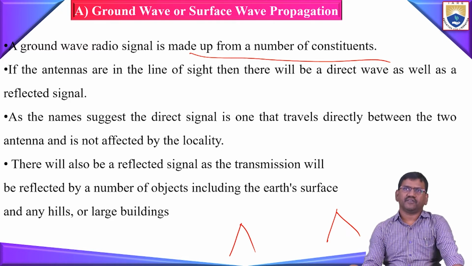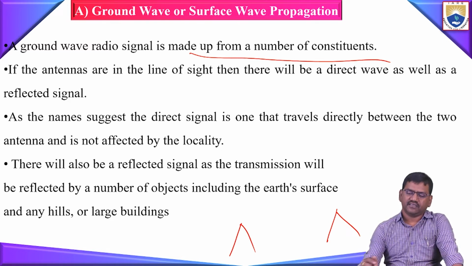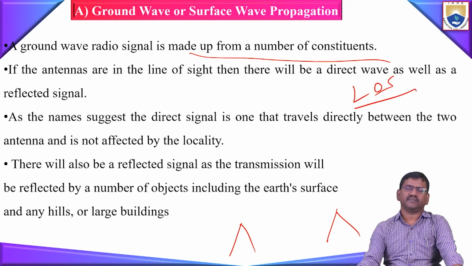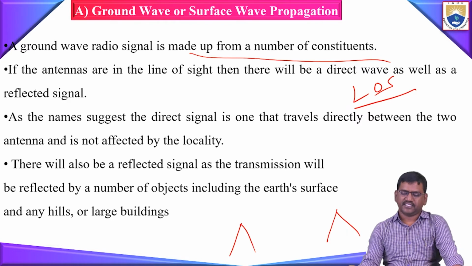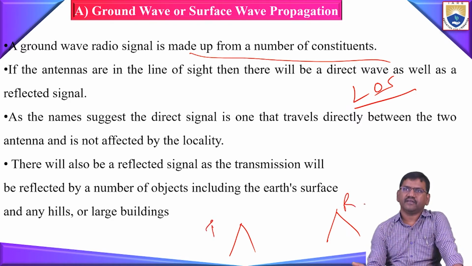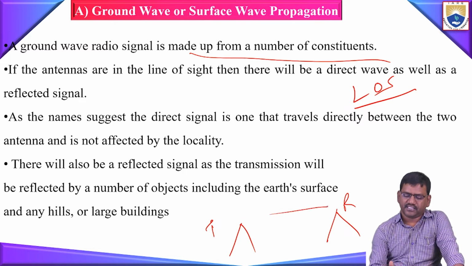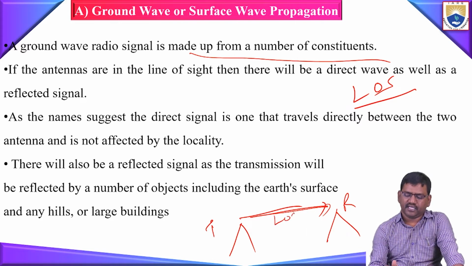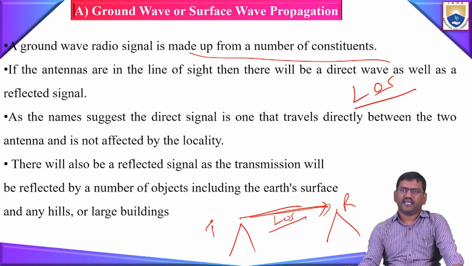This direct path we call the LOS path or LOS signal, which is simply the line of sight signal.